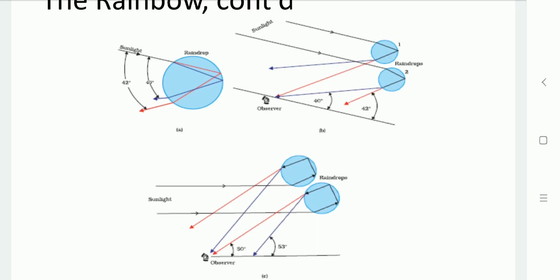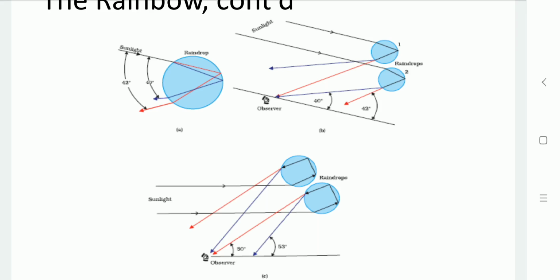The first process is refraction, then dispersion of light, then total internal reflection, and again refraction. This process is done to get the rainbow. Here it is found that violet light emerges at an angle of 40 degrees and red light emerges at an angle of 42 degrees, as you can see in diagram B.